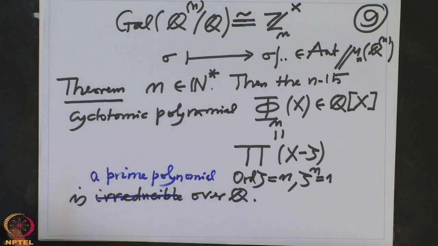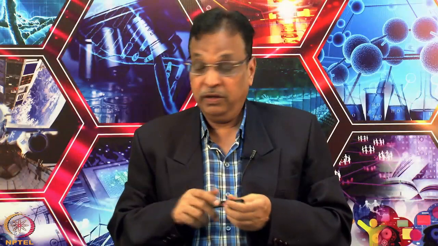It's a monic polynomial, and prime means it's a monic irreducible polynomial. We will prove this next time. We will need a little time to prove this, and I will postpone the proof to the next one.